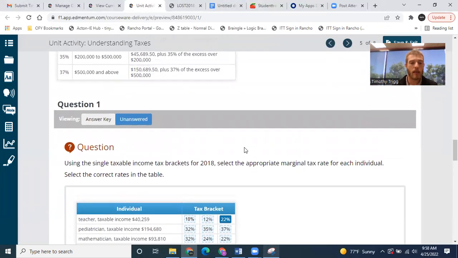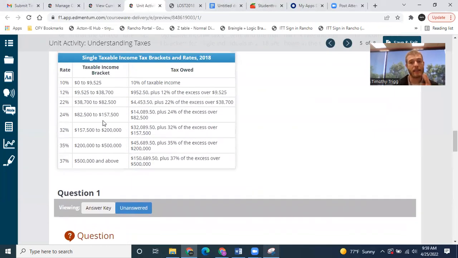Okay. Now I want you to keep in mind that doesn't mean that all of their money is taxed at 22%. That's not what that means. Some money will be taxed at 10%, right? The first $9,525 gets taxed at 10%. Then the money earned that's more than $9,525 but less than $38,700 gets taxed at 12%.